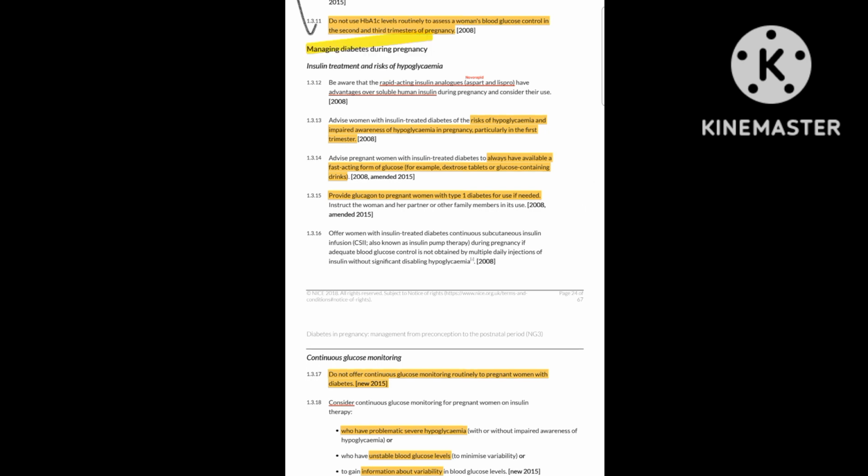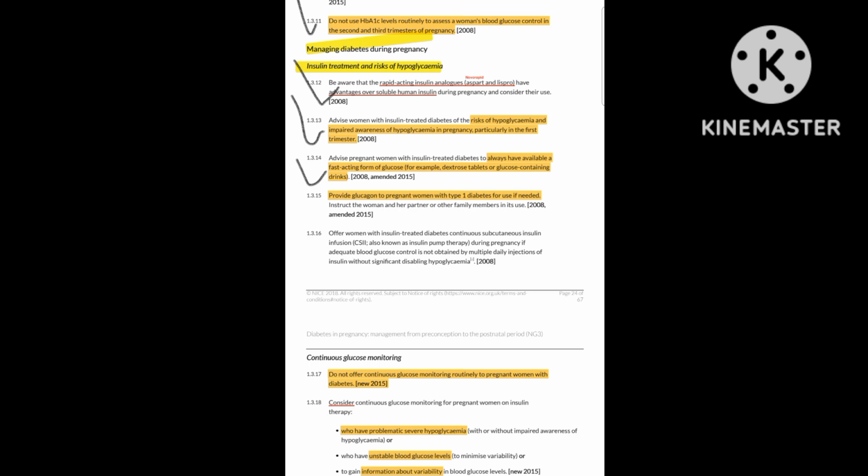Managing diabetes during pregnancy: insulin treatment and risk of hypoglycemia. Be aware that rapid-acting insulin analogues aspart and lispro have advantages over soluble human insulin during pregnancy, and consider their use. Advise women with insulin-treated diabetes of the risk of hypoglycemia and impaired awareness of hypoglycemia in pregnancy, particularly in the first trimester.